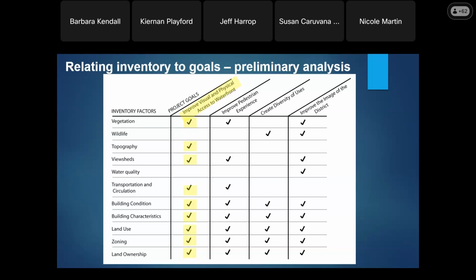For example, as shown in this chart, you'll see that several factors relate to this goal: vegetation, topography, view sheds, transportation and circulation, building condition, building characteristics, land use, zoning, and land ownership. Therefore, these inventory factors should be discussed in the LWRP and analyzed for their positive or negative effects on visual and physical access.